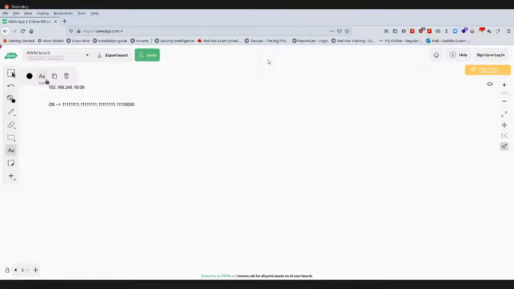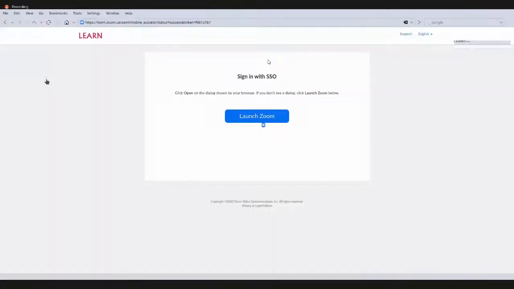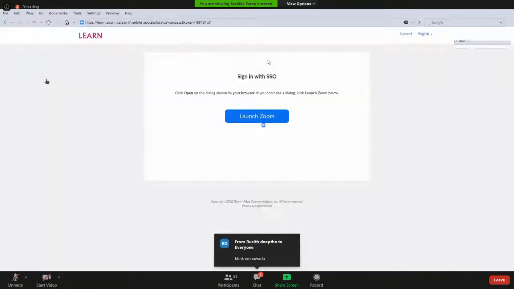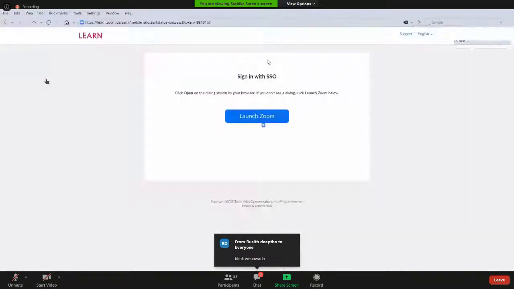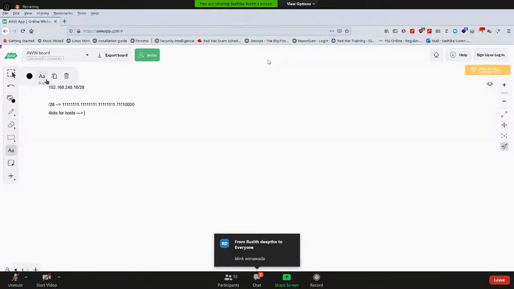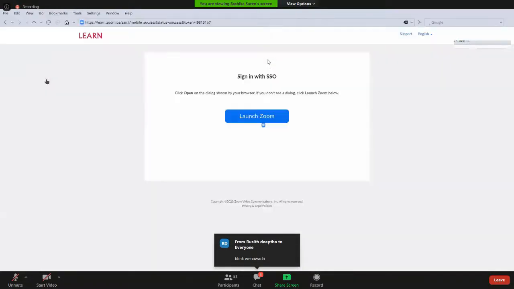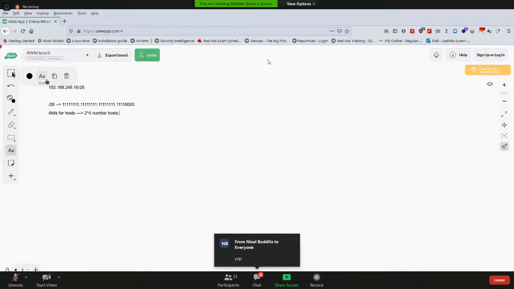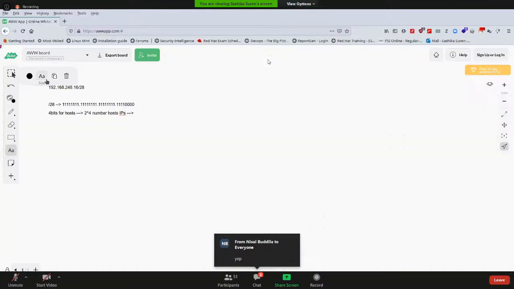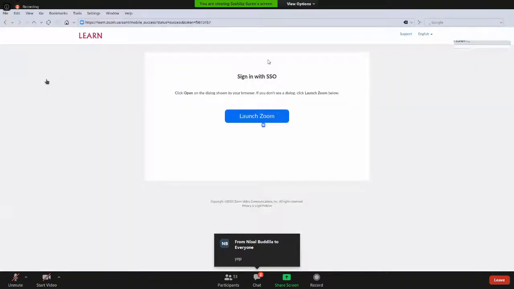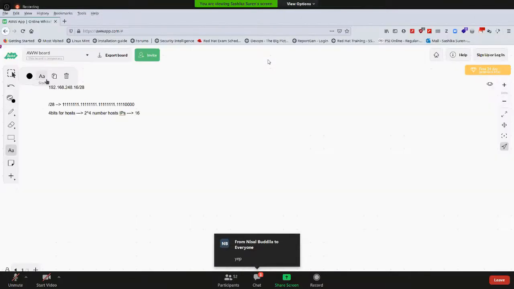So that means they have assigned 4 bits for the host. That is exactly saying you can create 2 to the power 4 host IPs here. That means exactly how much? 16. 2 to the power 4 is 16.